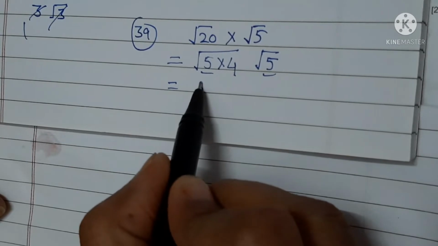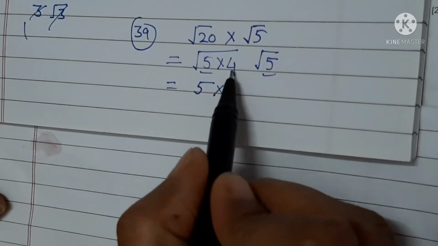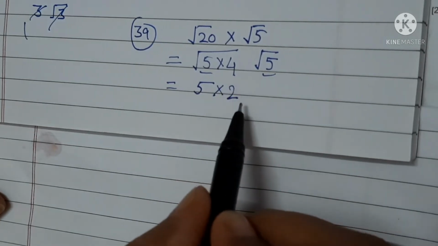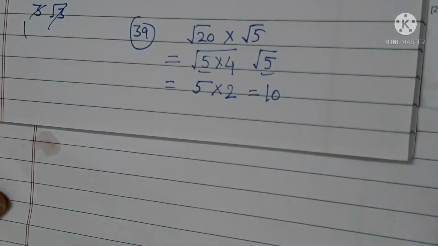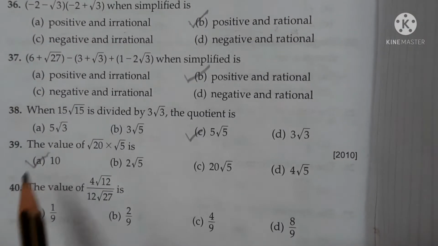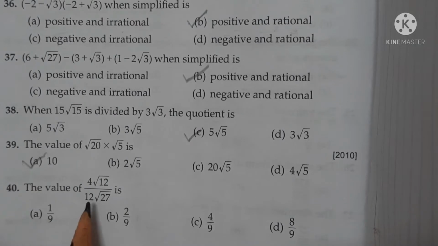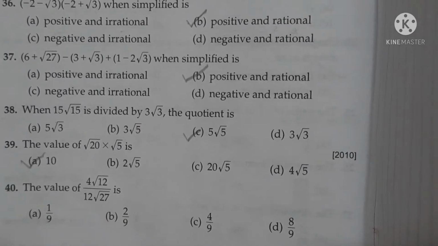You can take 5, and here 2 into 2 means you can take 2. So 5 twos are 10. Answer 10. Option A is correct.